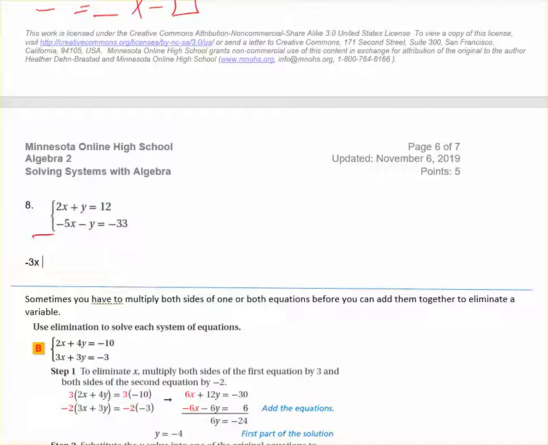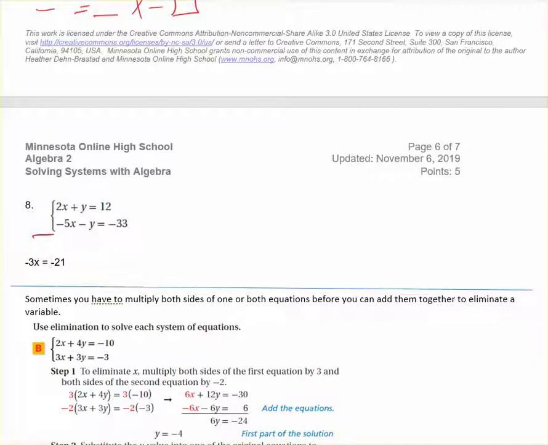Y minus y cancels. You don't need to write anything. Don't write plus y, just leave it. And that will be equal to 12 minus 33. And that would be negative 21. Negative sign is gone.